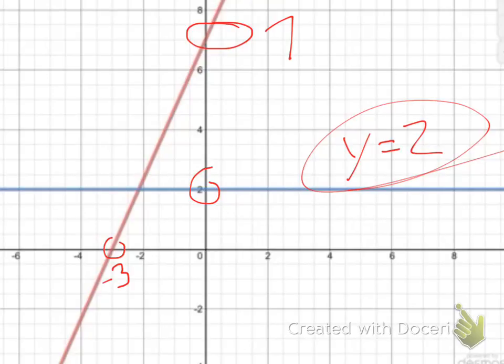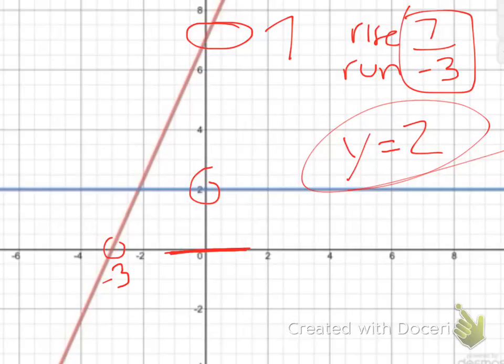Well, we know that we're crossing at the y-axis, or the x-axis here, and so we're at the 0 on the x-axis, and so if I had to go up to that y-intercept, it would have to be 7. So we know my rise is 7, my run, and now, since we have these nice intercepts, and we're able to find that the rise is 7, the run is -3, we know that our slope of the red line is 7/-3, or 7 over -3.